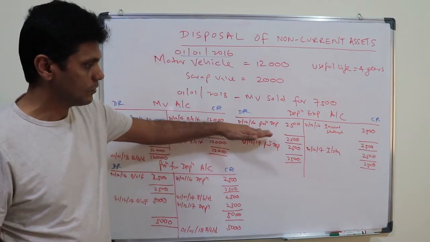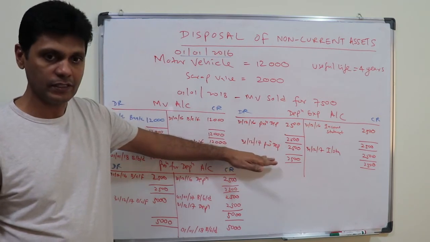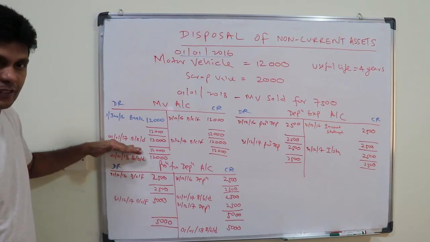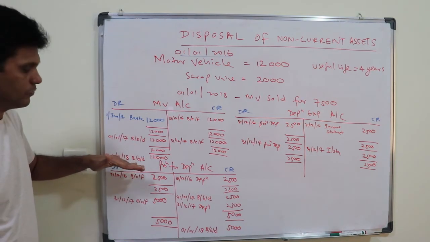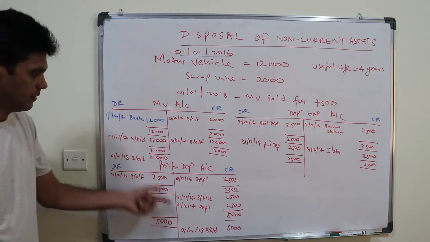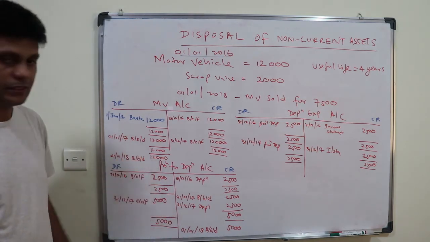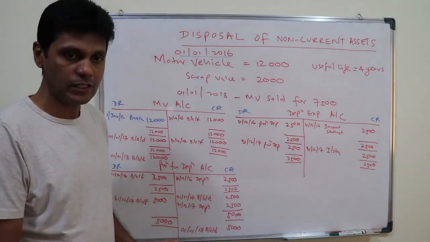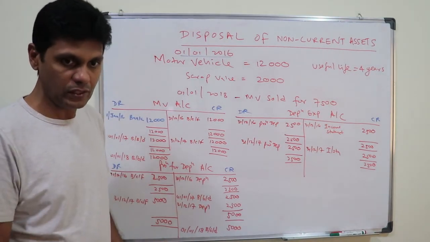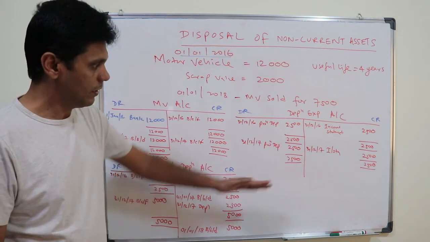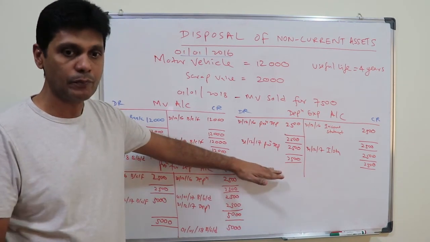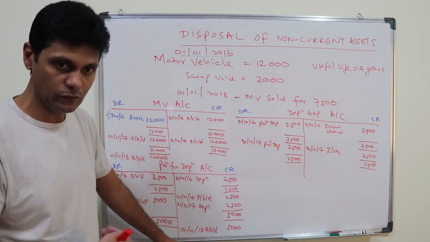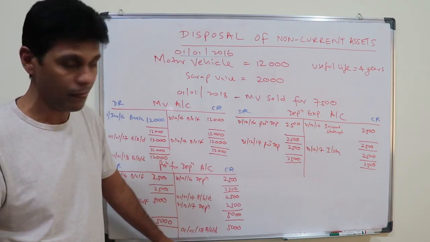So we recorded 2016 and 2017, and brought down the balances for 2018, for the asset account and the provision for depreciation. Now what has happened in 2018? Normally for 4 years you need to continue this process, providing depreciation and provision for depreciation each year.